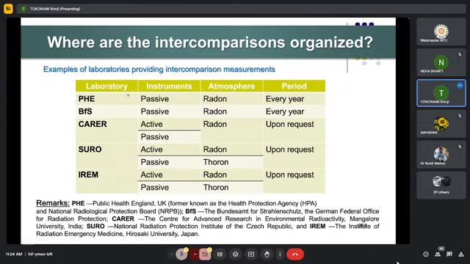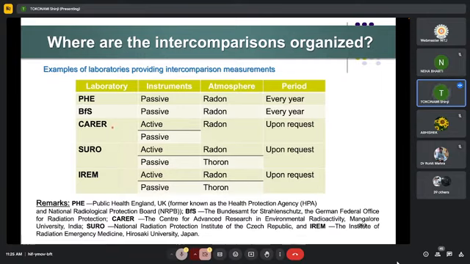Every year, PHE organizes an intercomparison exercise. BFS in Germany is also just for passive instruments. Radon atmosphere is available, and they organize an intercomparison every year.